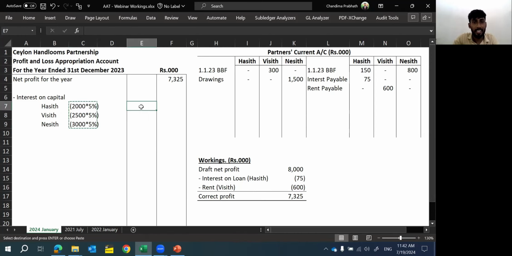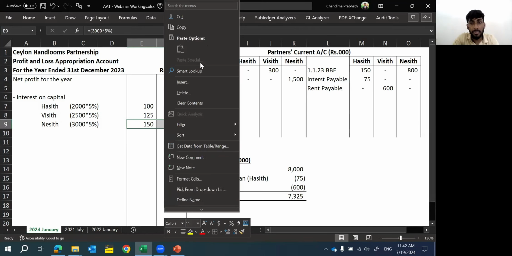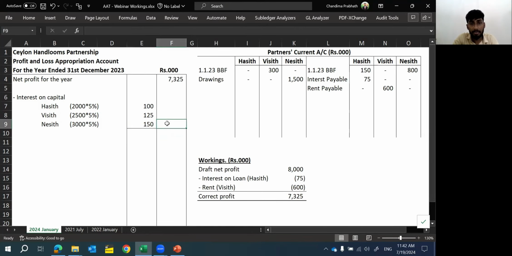In Excel, I can directly copy and paste this, and I get 100, 125, and 150. All together, we have appropriated 375 as interest on capital.